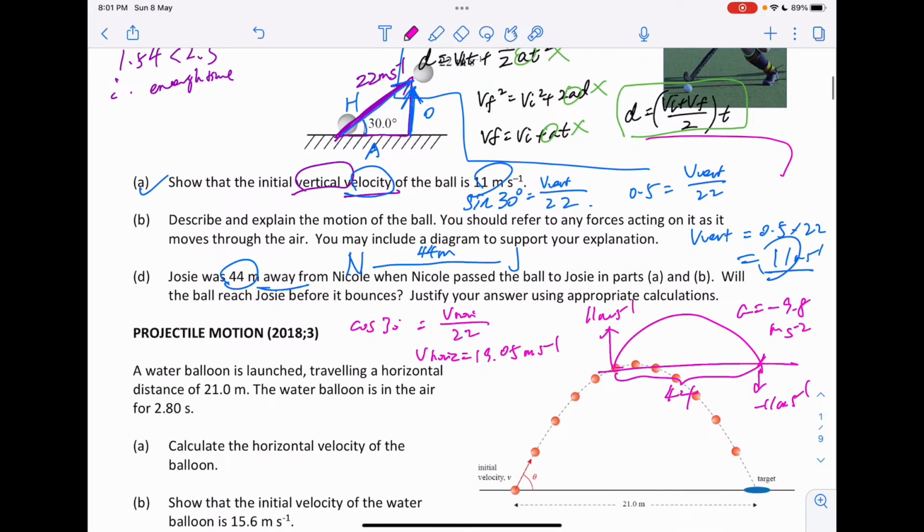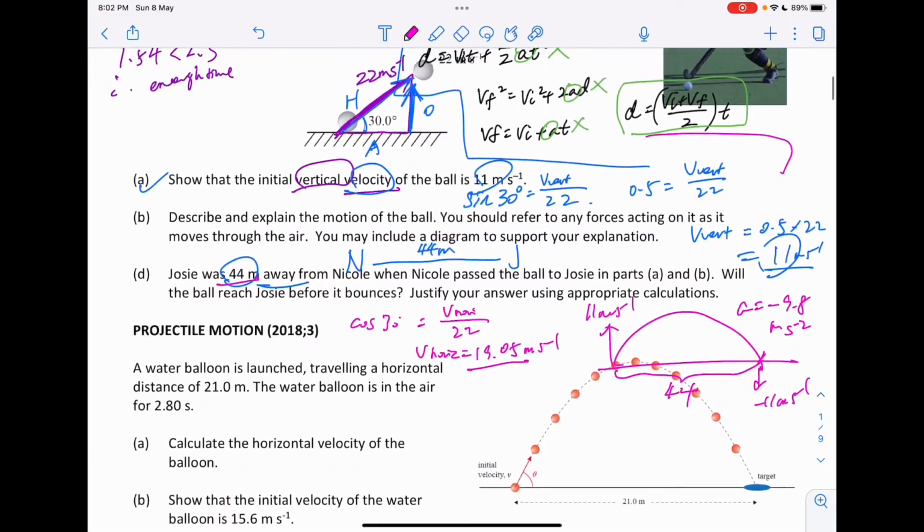We can't just say that it takes how much time by dividing 44 by 19.05, because the ball may just fall on the ground and stop moving, because it can't move anymore because it's just on the ground, okay? So we can calculate what the time is in this case.